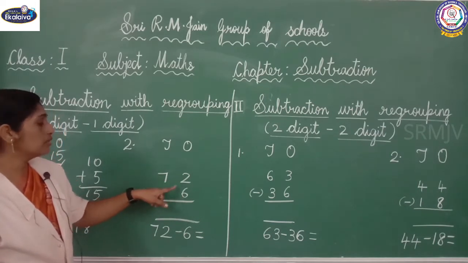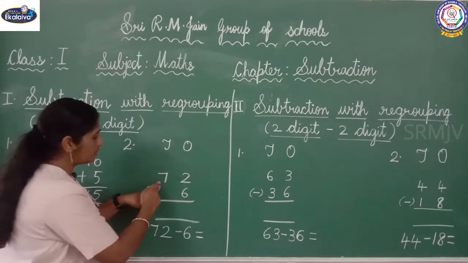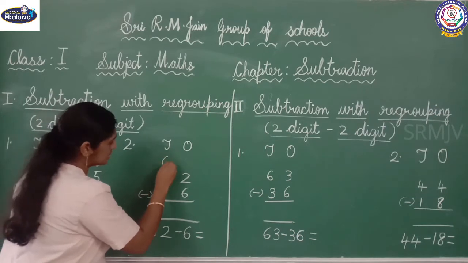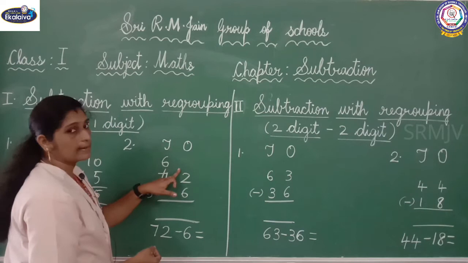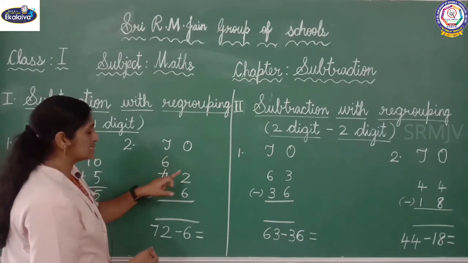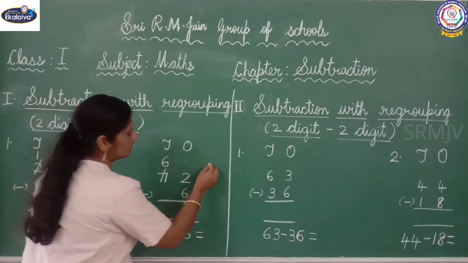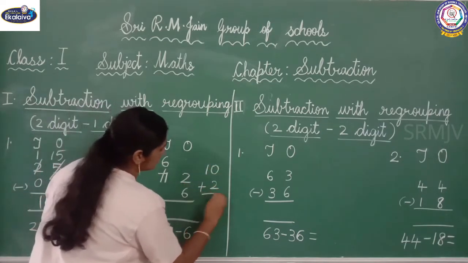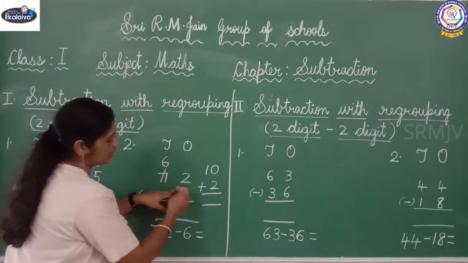So I am going to borrow 1 from this 7 tens. 7 minus 1 is equal to 6 and regroup 1 ten to 10 ones. That is 1 ten is equal to 10 ones. 10 ones plus this 2 ones is equal to 12.